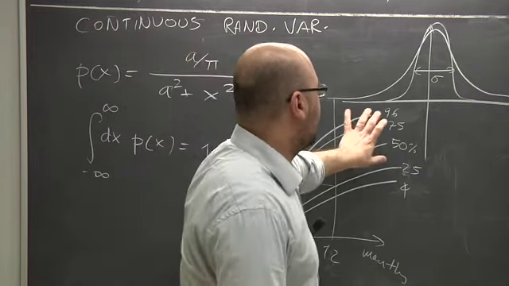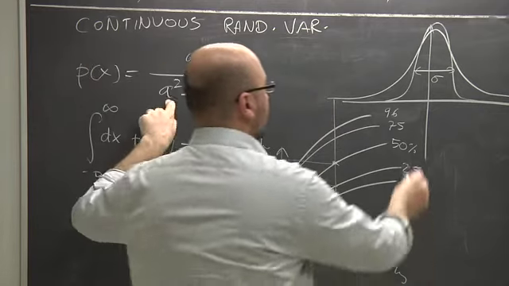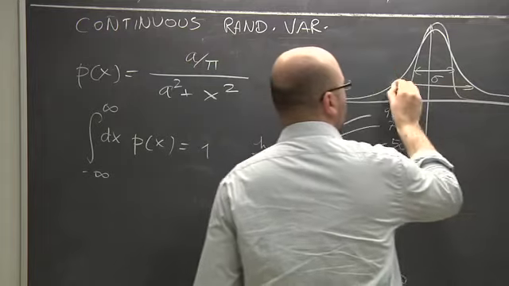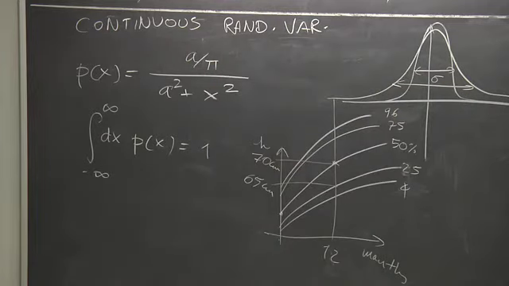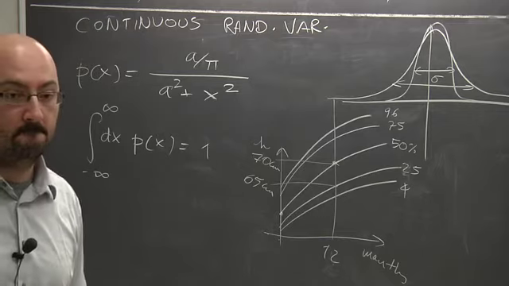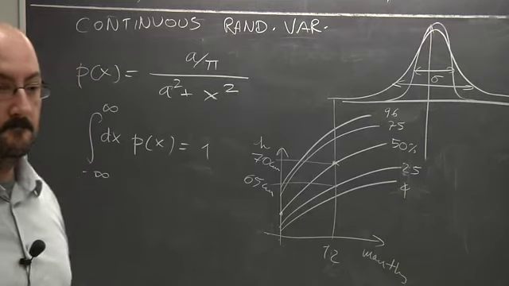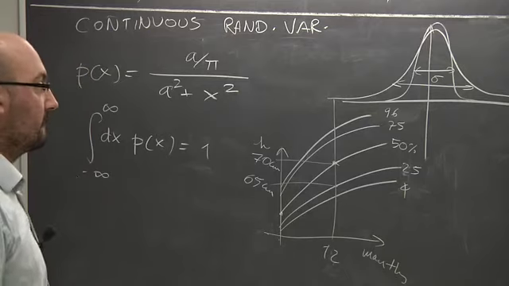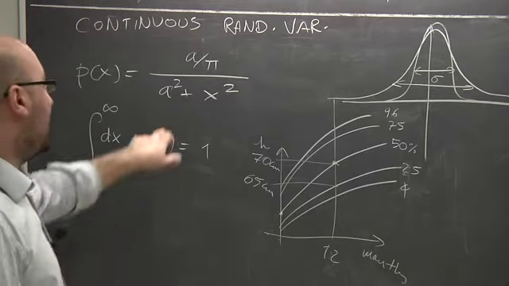So just to say that for the Lorentz distribution, a is the width of the distribution, but the second moment does not exist. a is the scale.